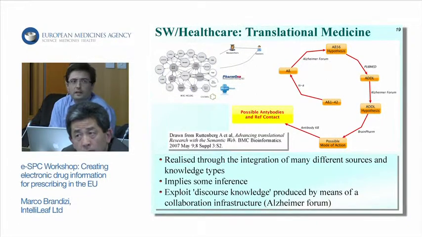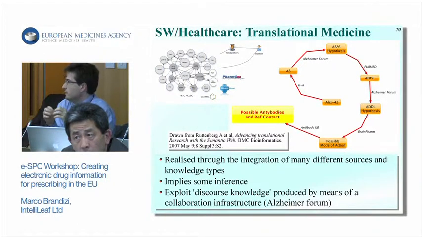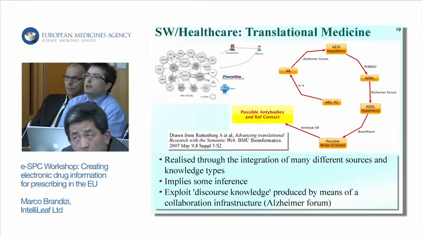And one thing to note here is that when you read Alzheimer's Forum, that is a very collaborative system where people can define things like biological hypotheses, research hypotheses, and so on, based on semantic web as well.